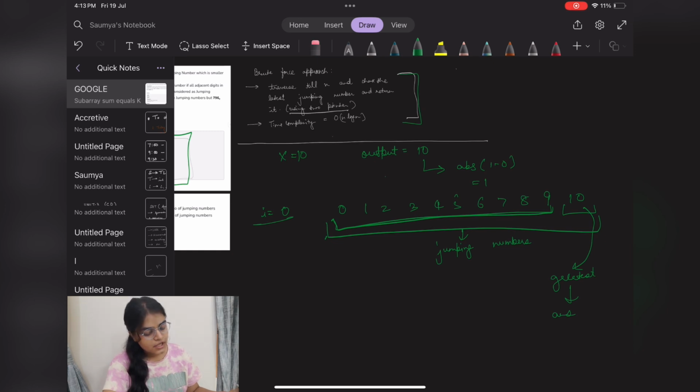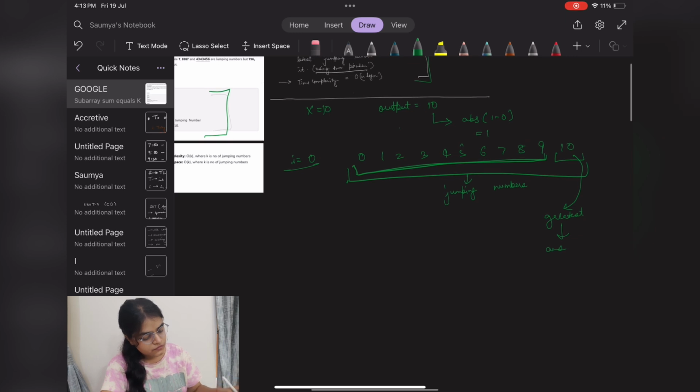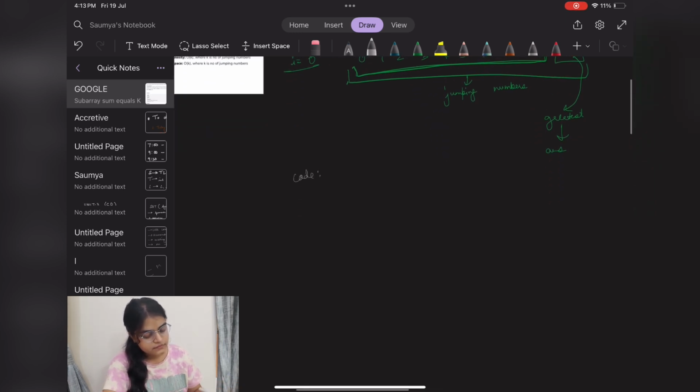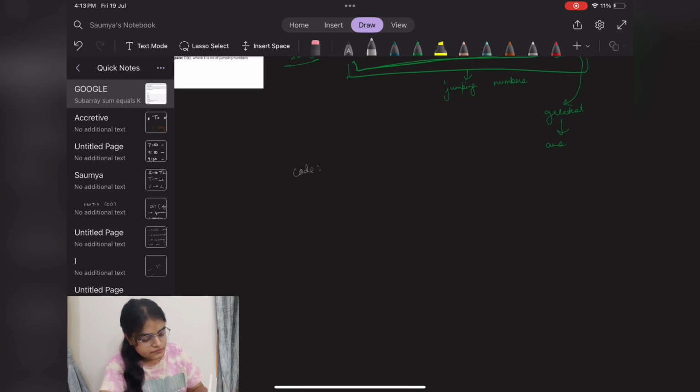Okay. Now we have to code this. Let's move on to the coding part. So there will be a function int check, where we will pass i, not x.